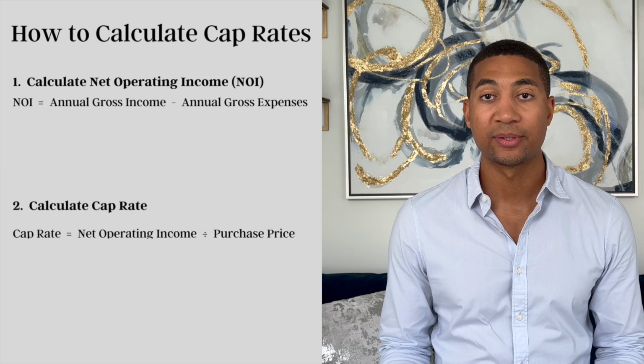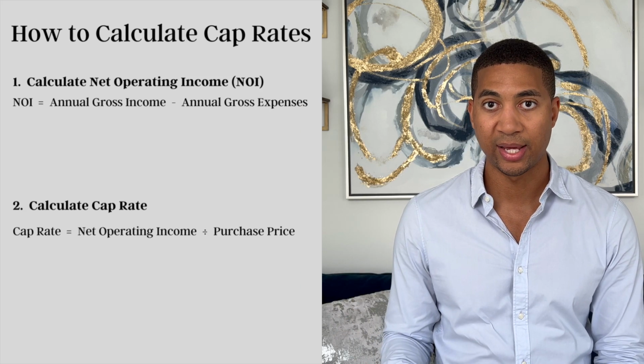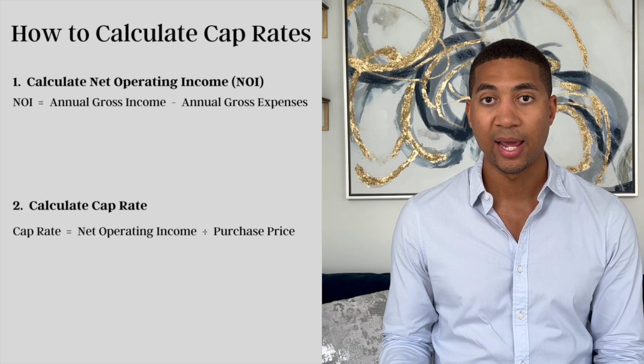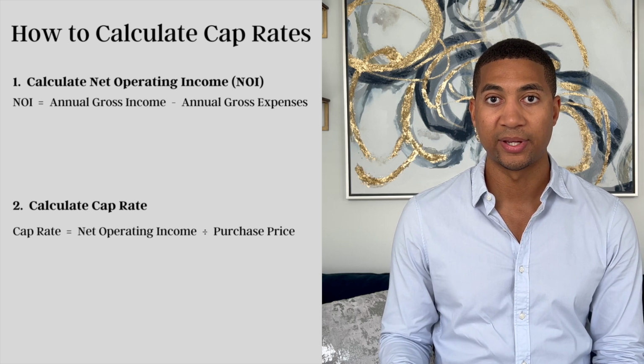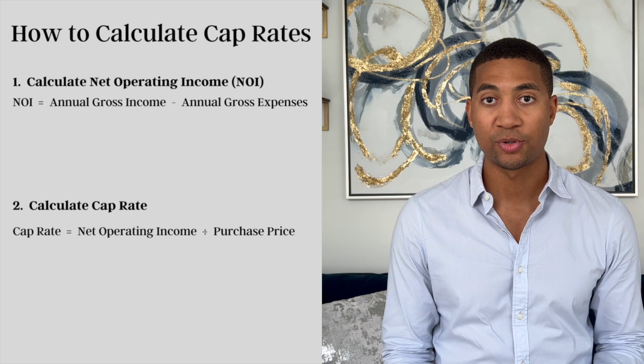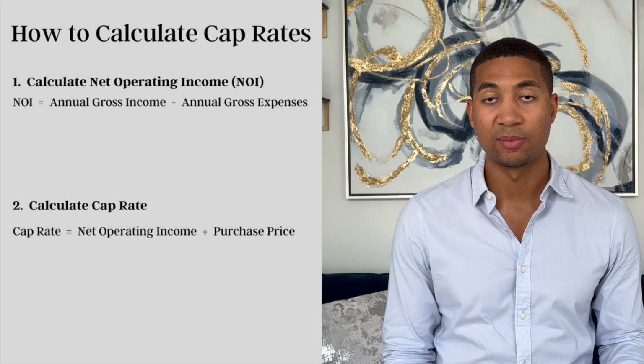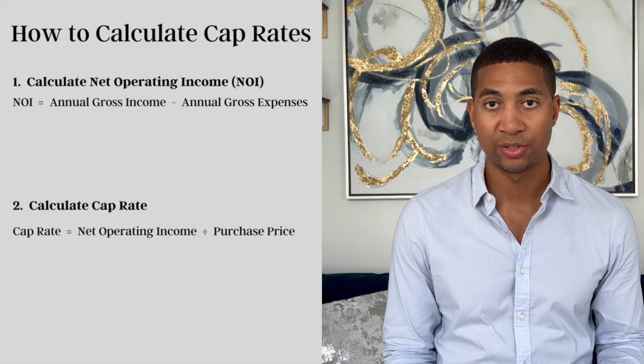First, let's talk about what a cap rate is. Basically, it's the return that you can expect before your debt service. In order to calculate cap rates, first you take all of the income that a property is getting on a monthly basis and you multiply that by 12 in order to get your annual income on the property. Then you subtract the expenses. So you're going to take all of the monthly expenses and multiply that by 12 to get the annual.